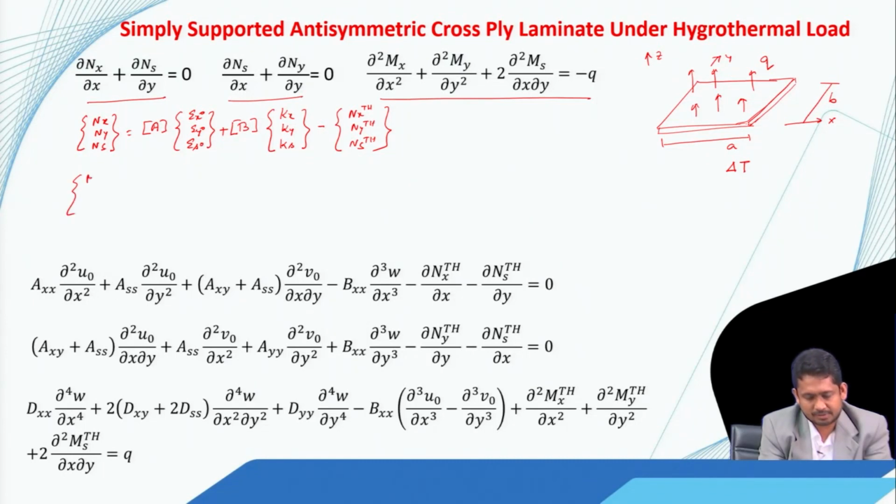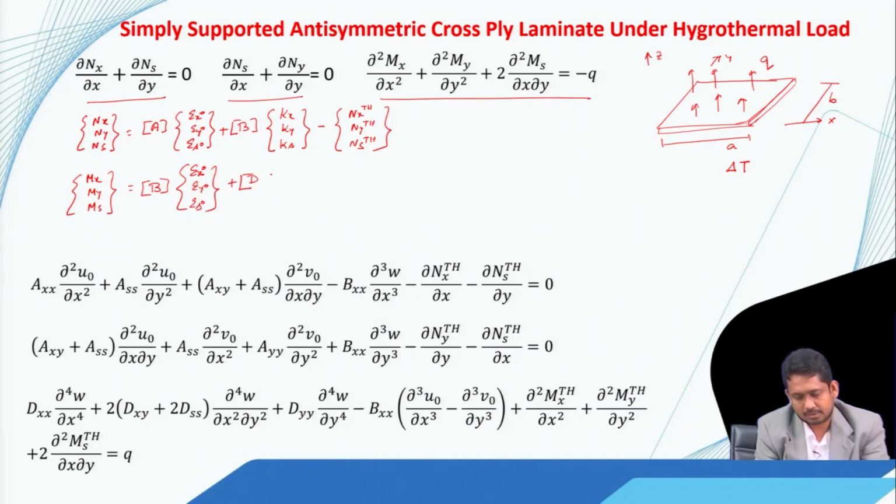Similarly, Mx, My and Ms is equal to B matrix multiplied by epsilon x0, epsilon y0, epsilon s0 plus D matrix multiplied by kappa x, kappa y, kappa s, and minus we have Mx Th, My Th and Ms Th.